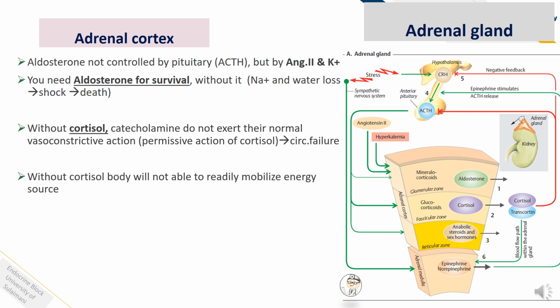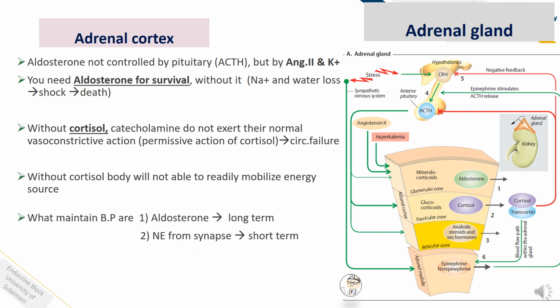So it needs cortisol to be present at a normal level for catecholamine to do its action. That's why cortisol has a permissive effect on catecholamine vasoconstriction. Also, without cortisol, the body will not be able to readily mobilize energy. This is also a permissive action on the catecholamine.